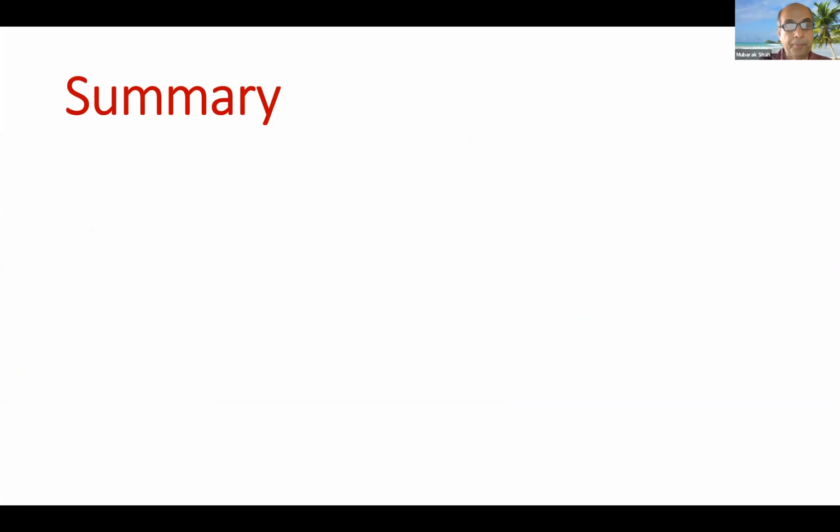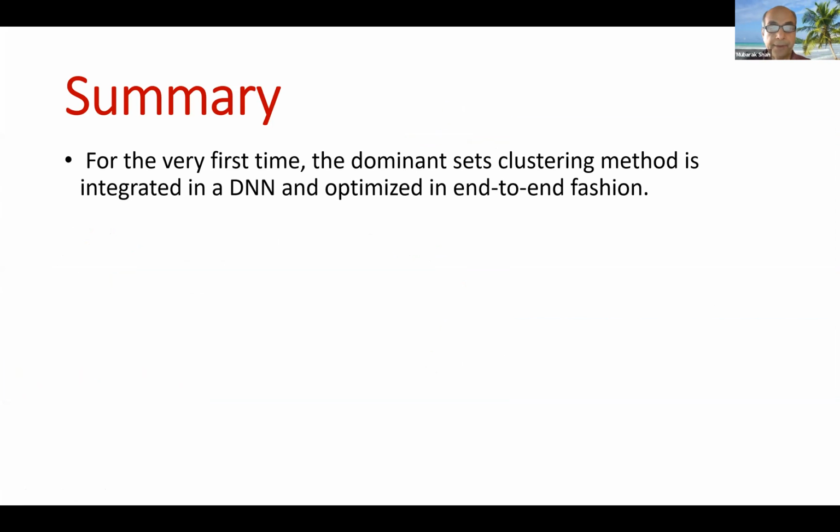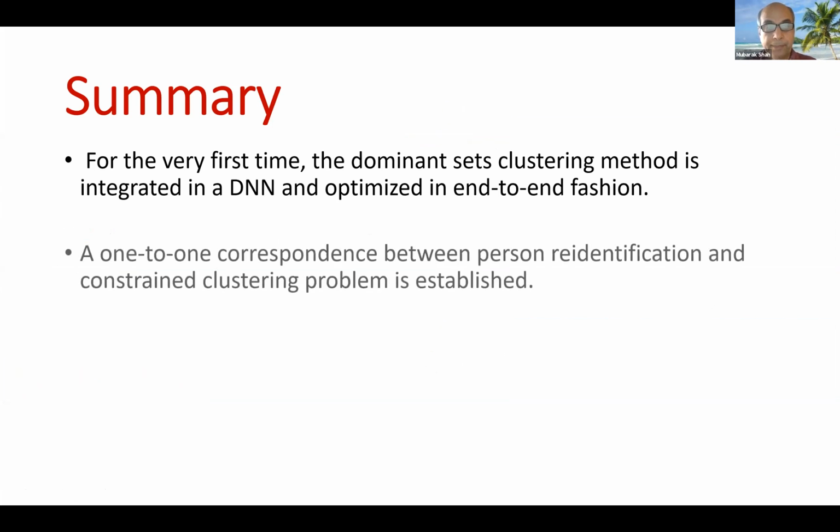So in summary, we have for the first time used the dominant set clustering method and integrated it into a deep neural network and optimized it in an end-to-end fashion. So we have the one-to-one correspondence between re-identification and the constrained clustering problem.